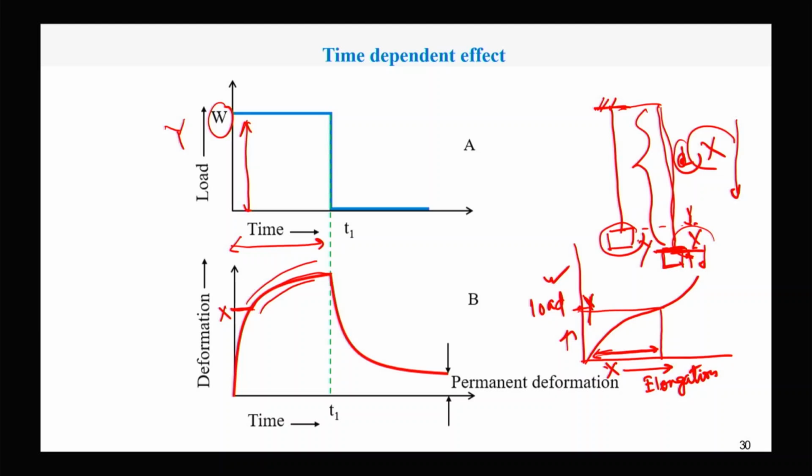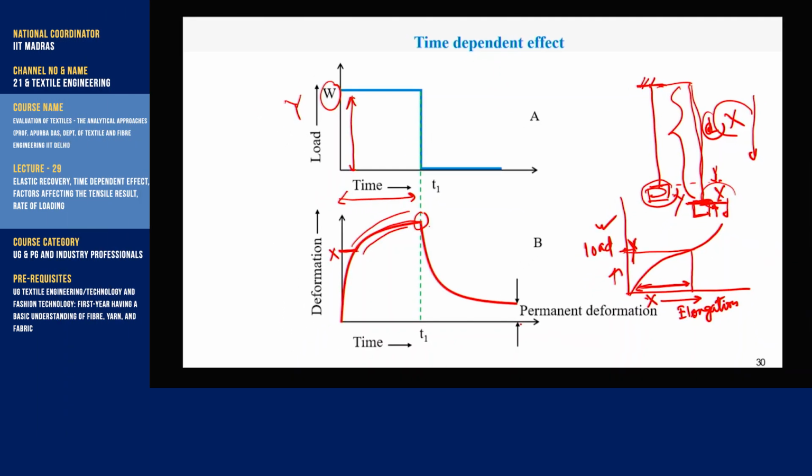After that deformation, if we remove the load, the material will try to come back, but it will not come back to its original position. There will be a permanent deformation due to molecular sliding.